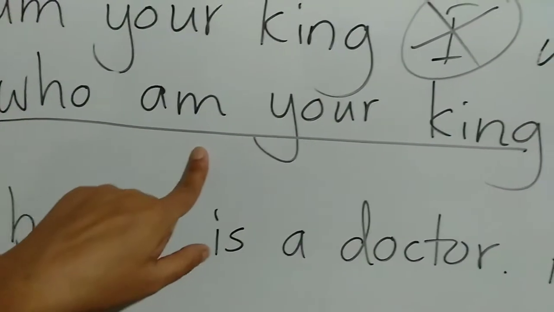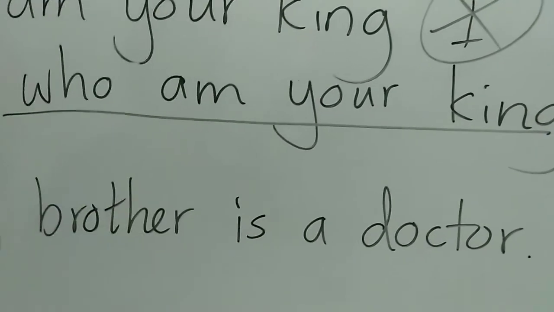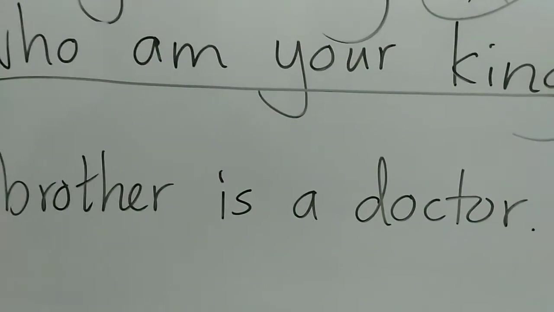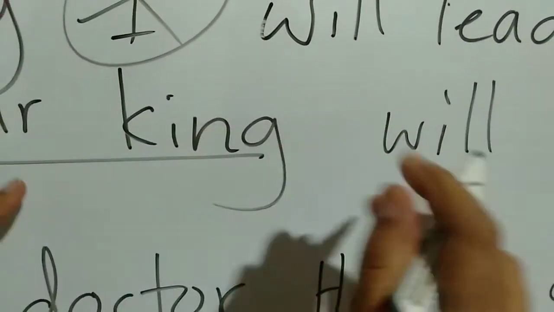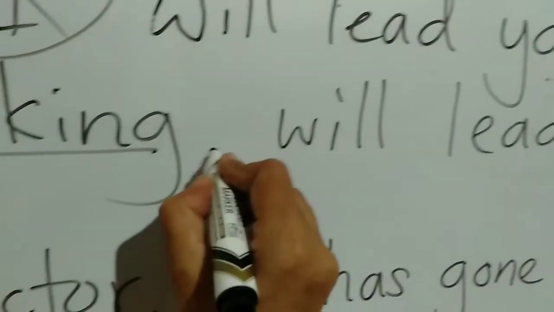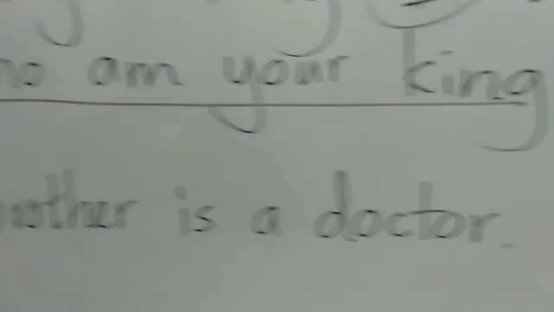Whenever you identify that this clause is non-defining, only then you put a comma to separate the subject and to separate the relative clause from the main clause. Okay, let's see that.